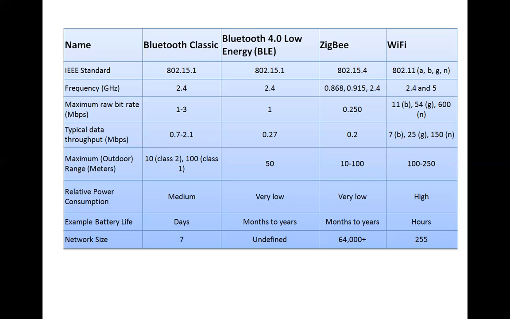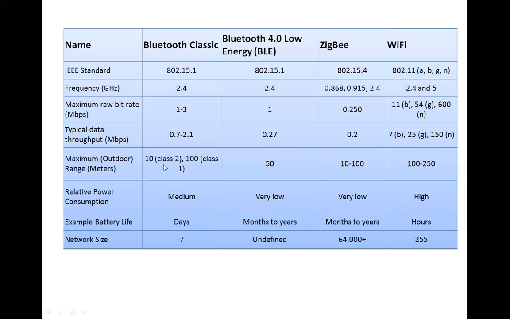Then typical data throughputs, what the throughput of each technology will be: near about 0.7 to 2.4 is quoted for Bluetooth Classic, 0.27 for Bluetooth 4.0, 0.2 for Zigbee, and for Wi-Fi it is 7 for B, 25 for G, and 150 for N. Then maximum outdoor range in meters is given.